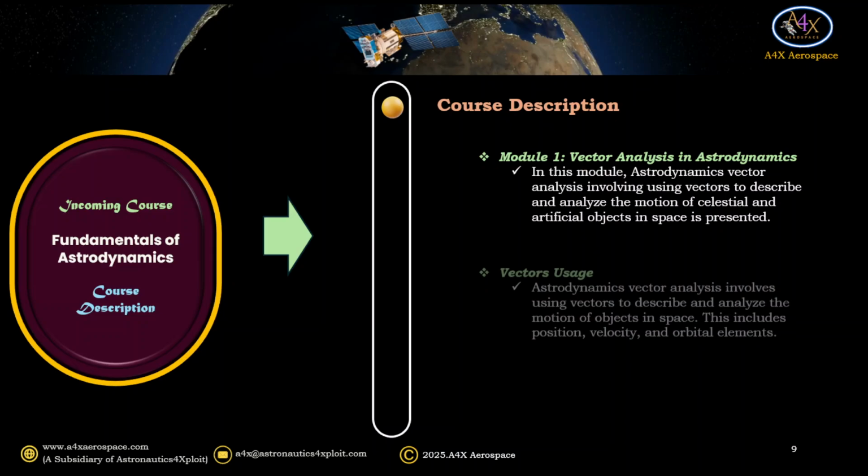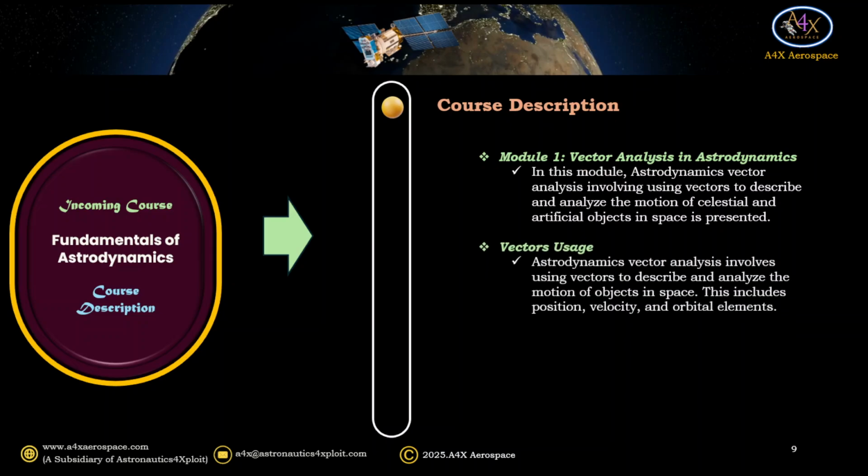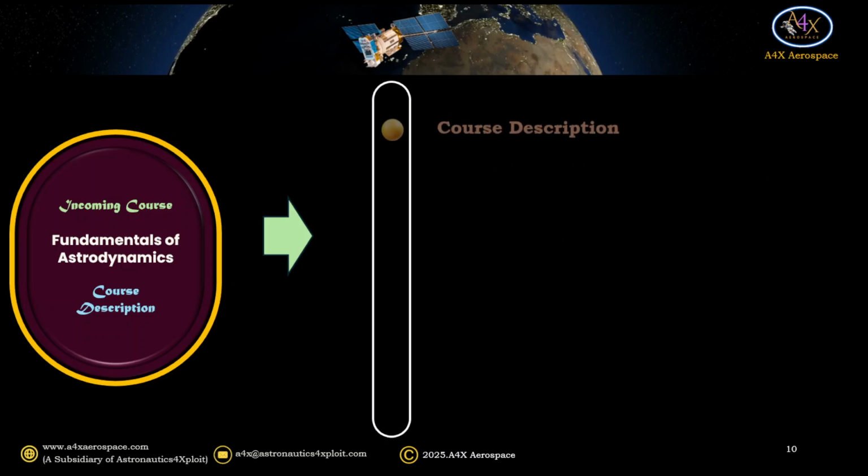This includes position, velocity, and orbital elements, and how they can change over time under the influence of gravity. By using vector equations and transformations, engineers can calculate trajectories, predict orbital behavior, and design space missions.